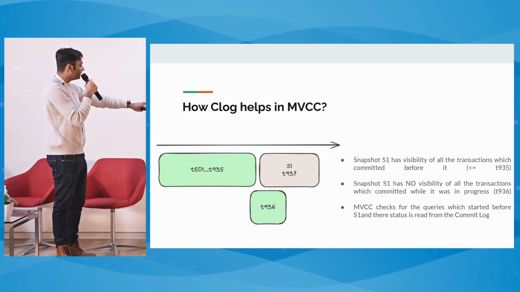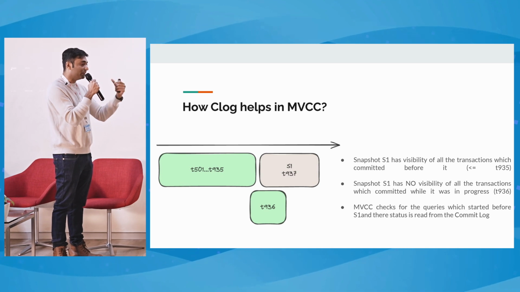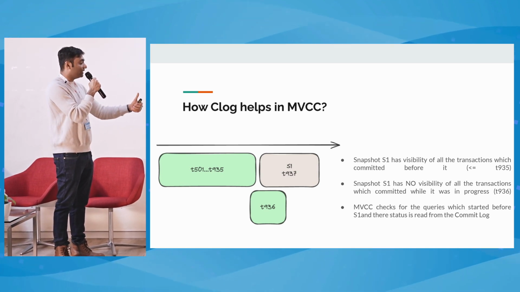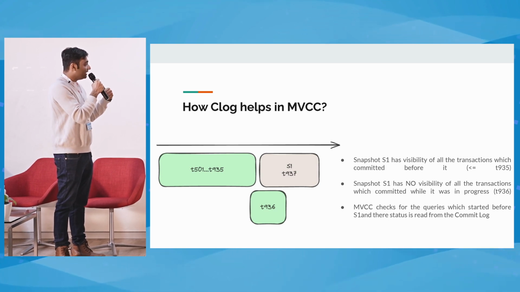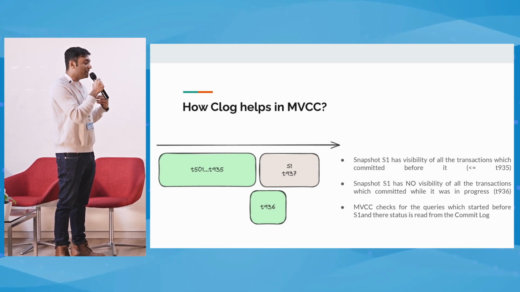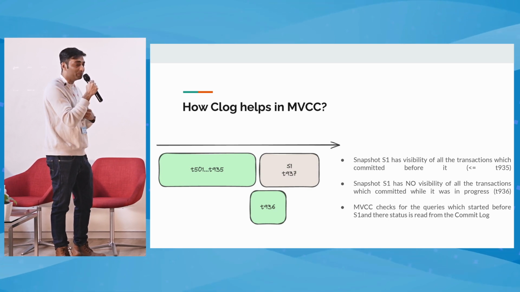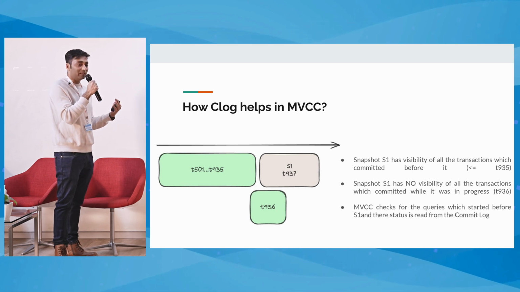In this diagram, my snapshot started and my first transaction ID was 937. So all the transactions which happened before this are visible to me. The transactions which were in progress or which committed after my snapshot started are not visible to me. So how do I decide which transactions are committed or not?